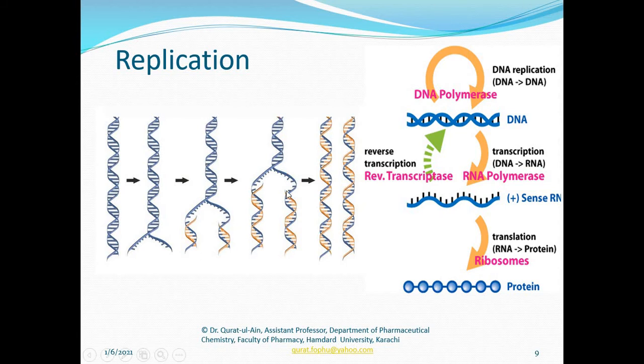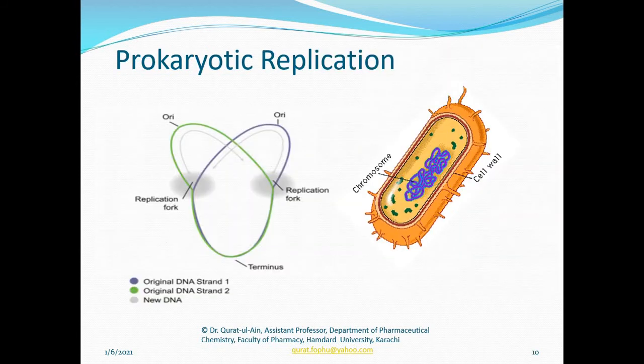That is how one DNA molecule is synthesized into two new DNA molecules, and these two new DNA molecules are transferred into two new daughter cells that appear in the new generation or new offspring. So this is replication.